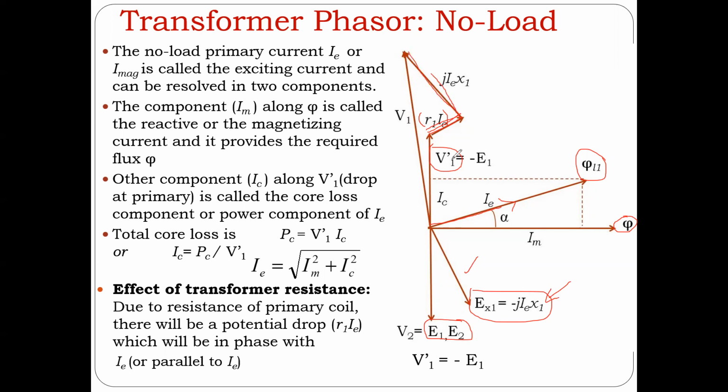So in short, what I'm saying is the voltage coming from the generator is a vector sum of what appears across the primary: the voltage drop on the primary coil, and the voltage to compensate for the induced voltage because of leakage reactance.